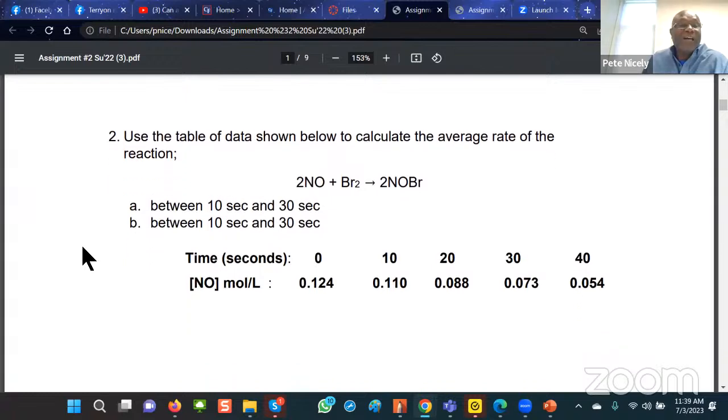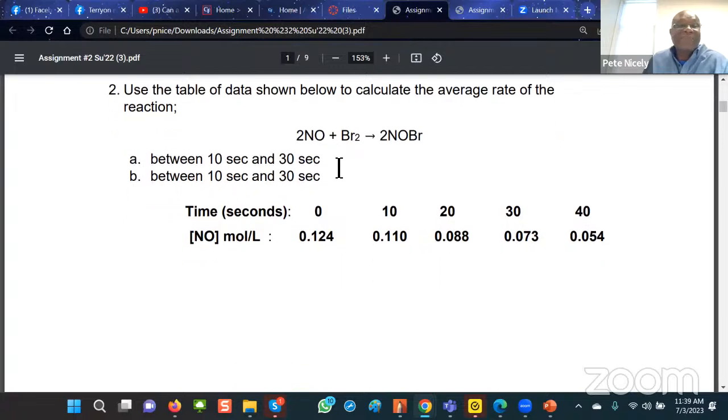Now this one, because this is basically repeating the same thing, we're just going to ignore the B part and just do the A part. So the question says, use the table of data shown below to calculate the average rate of the reaction. And in the case of A, between 10 seconds and 30 seconds. Okay, so how would you tackle this one?